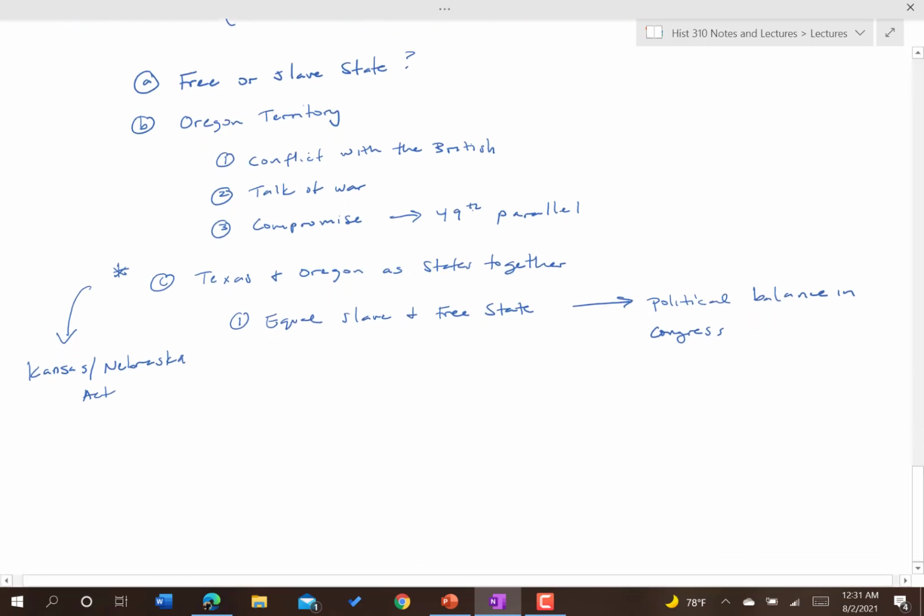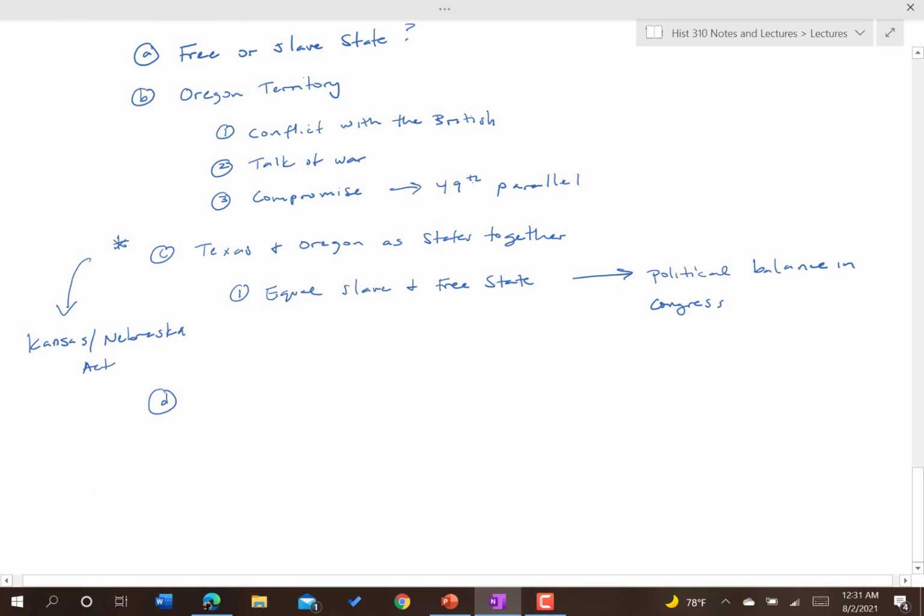The other thing, put D here, was that the interest in California with the gold rush brought in increased expansion and movement. This also, though, is going to create tensions with Mexico.